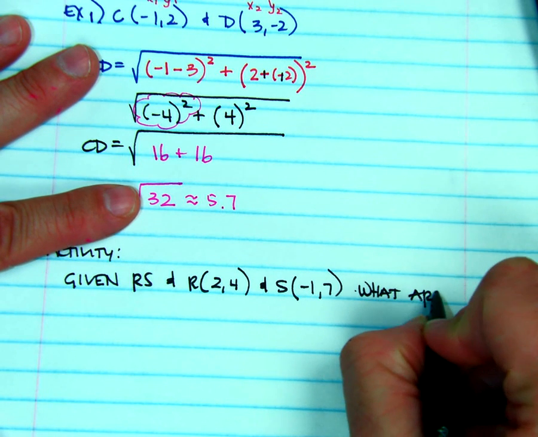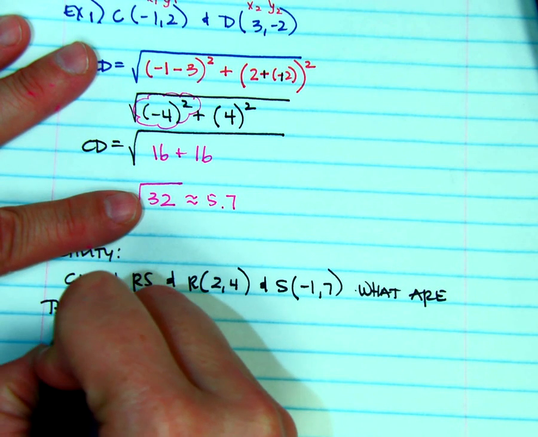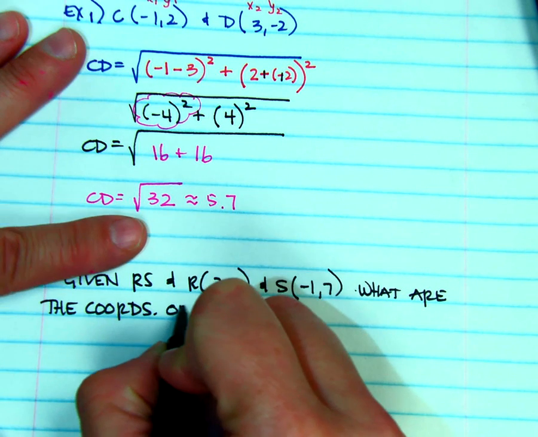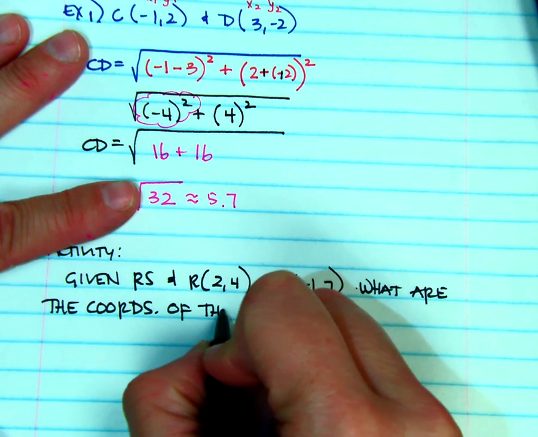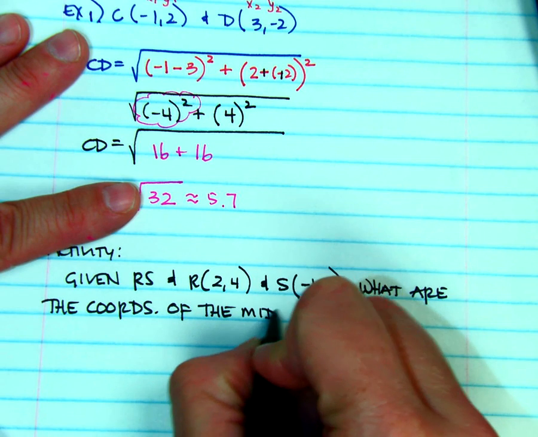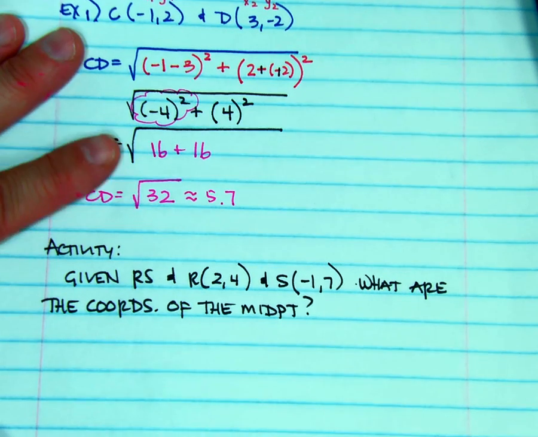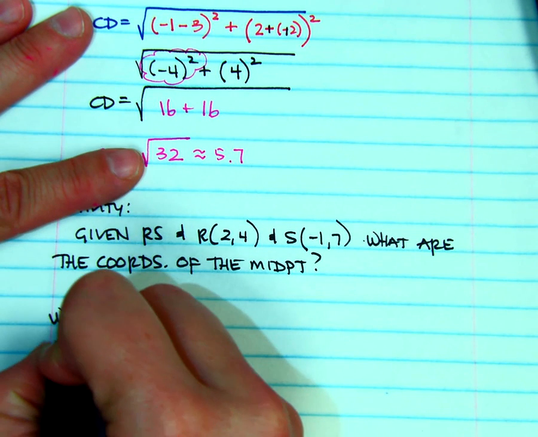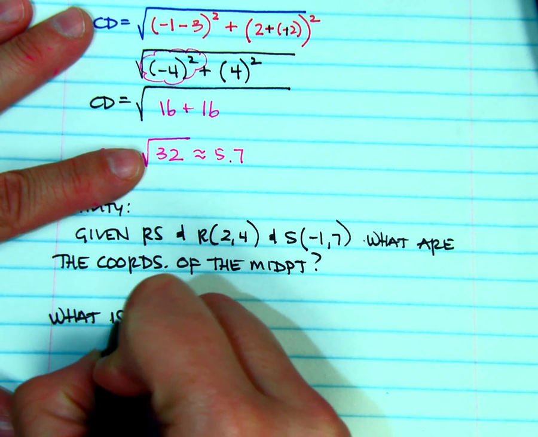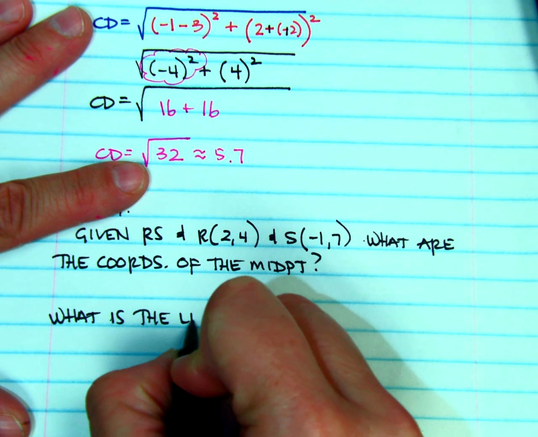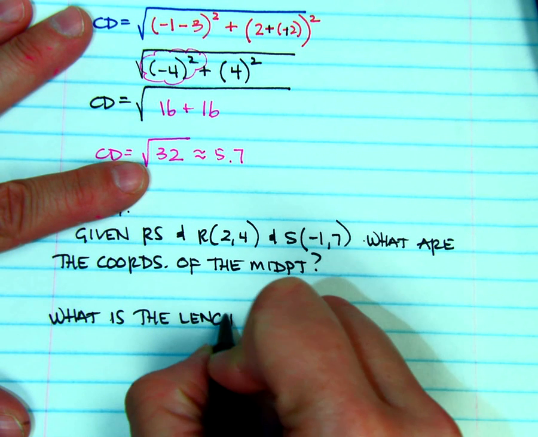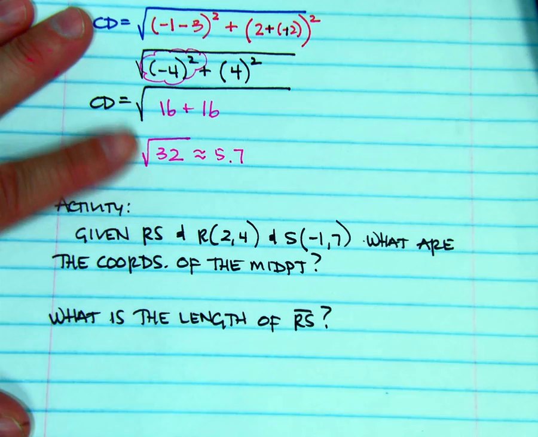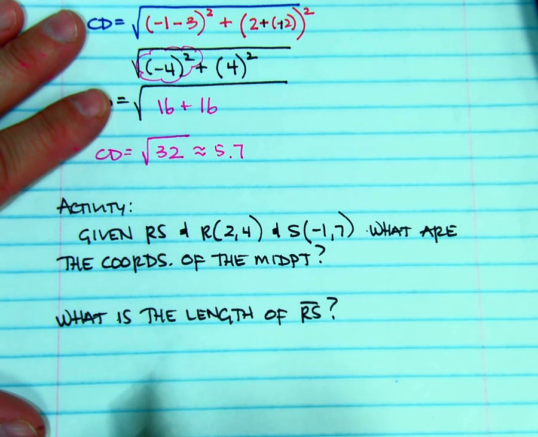What are the coordinates of the midpoint? That is part 1. In part 2, what is the length of segment RS? Remember, length means distance.